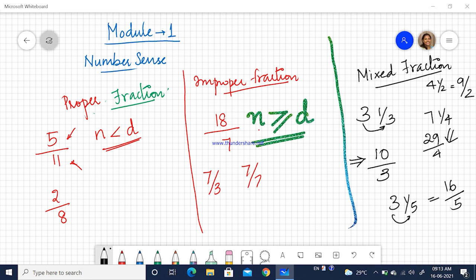Then we learned about 3 types of fractions: proper, improper and mixed. In a proper fraction, the numerator is less than the denominator. Improper fraction means the numerator is greater than or equal to the denominator. And a mixed fraction consists of an integer and a fraction.